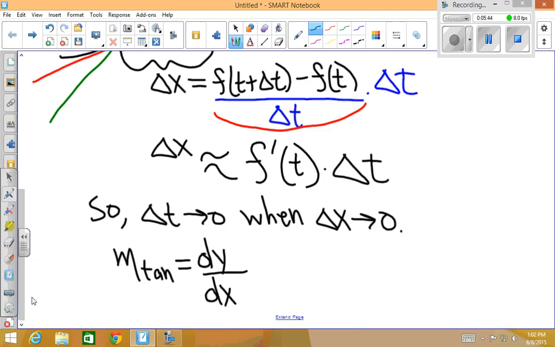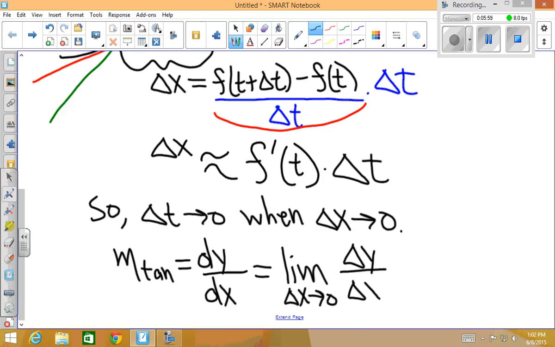And if you remember from the definition of the derivative, one way that we could rewrite this is the limit as delta x goes to 0 of delta y divided by delta x.